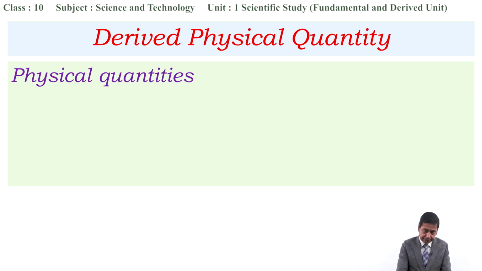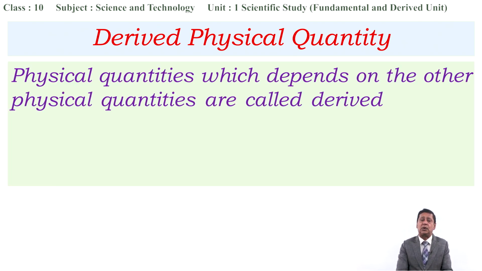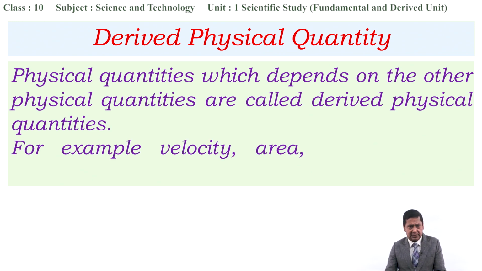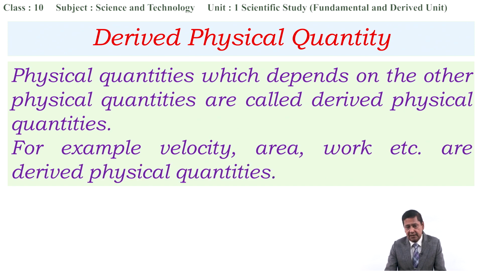What is it? Physical quantities which depend on other physical quantities are called derived physical quantities. For example, velocity, area, work, etc. are derived physical quantities. How can we say that velocity is a derived physical quantity? Because velocity is made by using length and time.